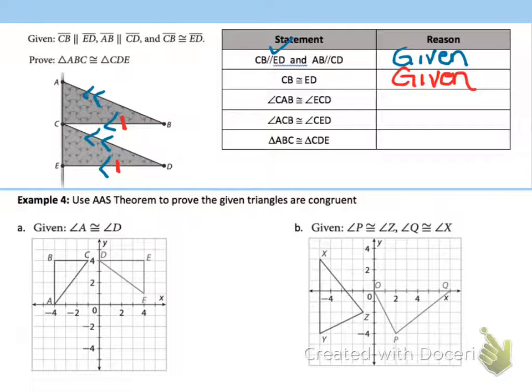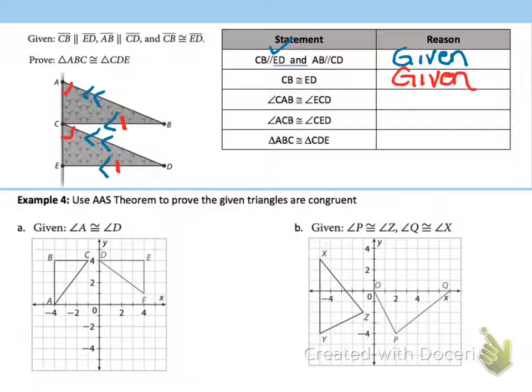And what really does help you figure out what reason to list there is to actually mark the parts on the figure and then recognize what kind of angles or sides you're dealing with. So it says CAB. So CAB, that's this angle right here. And ECD. So ECD is this one right here.